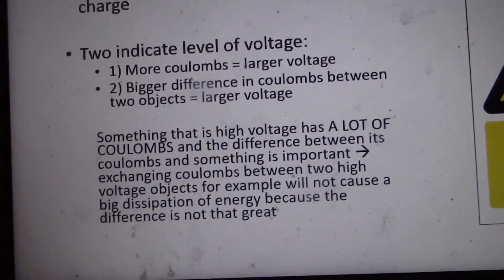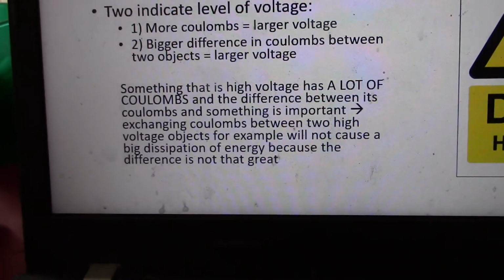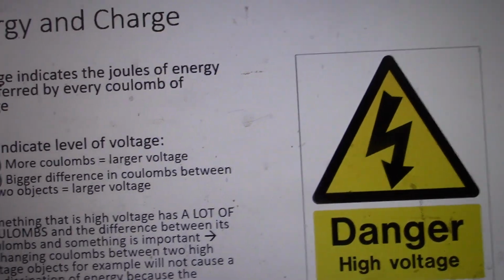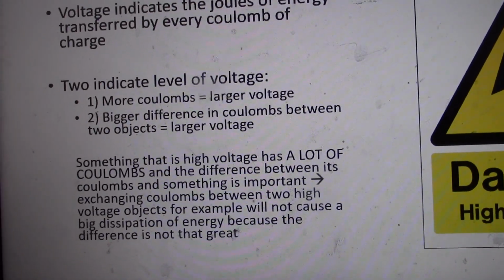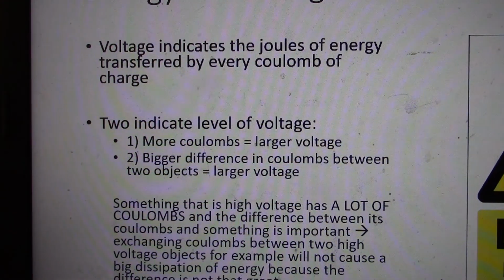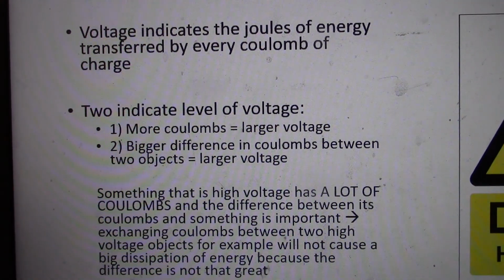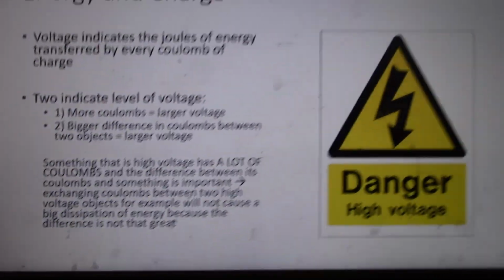Well, there'd only be about 4,000 volts of transfer between a 50,000 volt object and my body. So it wouldn't necessarily be considered high voltage anymore, right? So it's not only the amount of coulombs of electrons that are present, but also the difference between two objects. So voltage is perceptual as well, right?